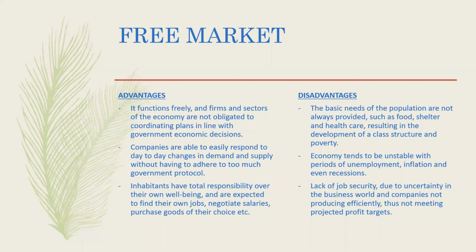So the disadvantage of free markets is that the population may not get the best food, shelter, and healthcare, which will result in the development of a class structure and poverty. When we have private entities, some people may not afford the healthcare system, food, or shelter. Okay?